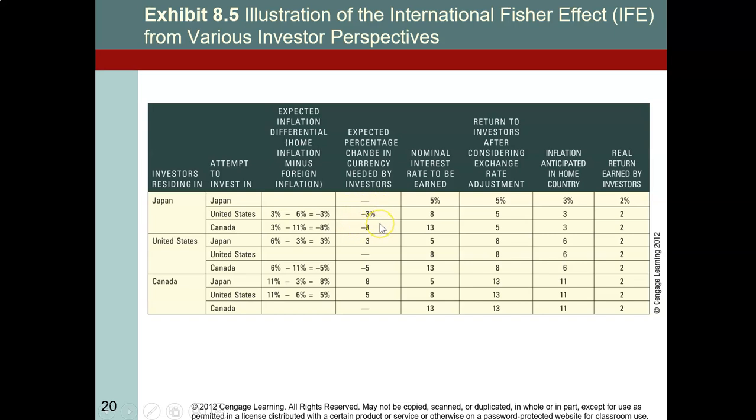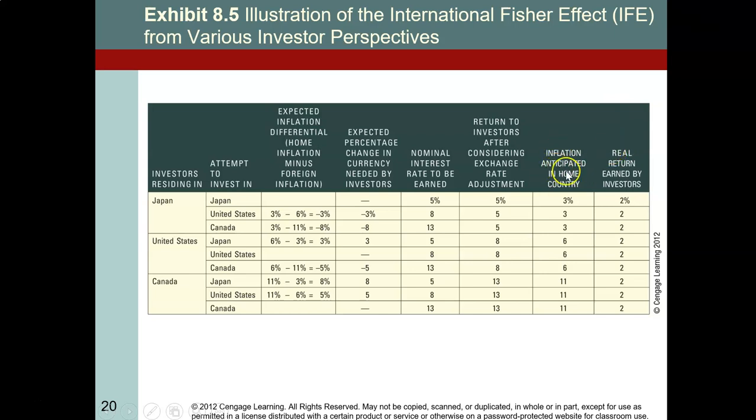So the higher interest rate minus the change in the currency gives us the same final return for the three cases.